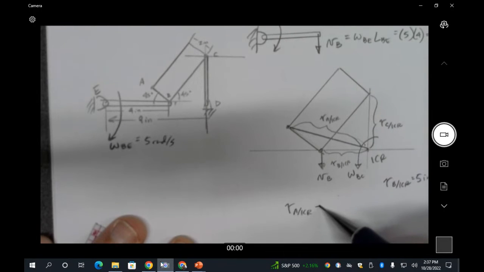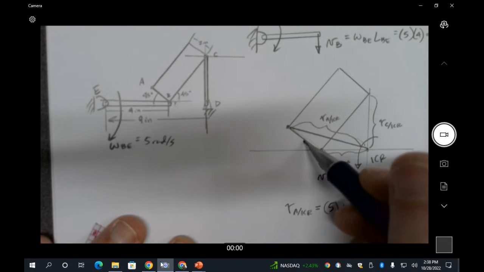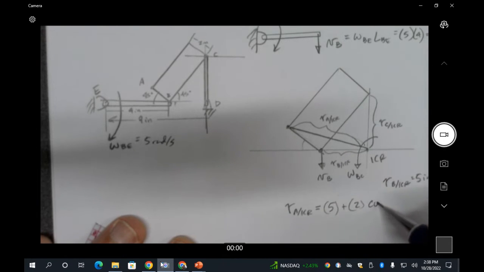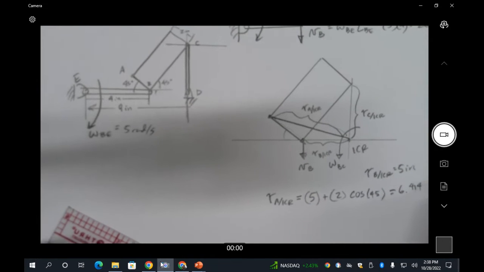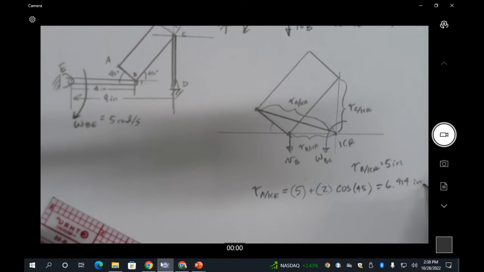So I'm going to say it's going to be equal to 5 plus, that's the hypotenuse, so 2 times, and let's get it right because that's 45, the cosine of 45. So it ends up being 6.414 inches.